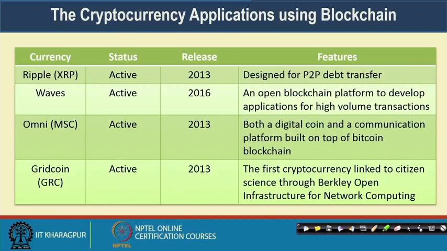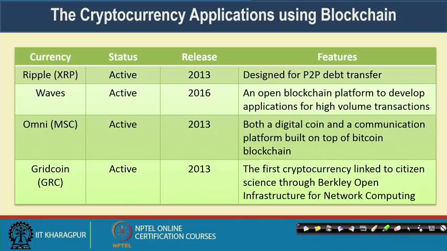Then there was a currency called Omni, which came in 2013, which was used both as a digital coin and at the same time a communication platform, built on top of the Bitcoin blockchain. And then in 2013 there was Gridcoin. Gridcoin was the first cryptocurrency linked to citizen science.